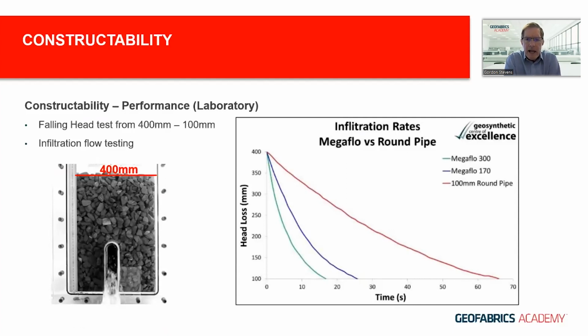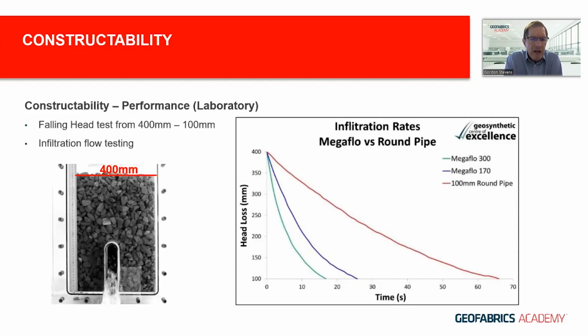If we now look at performance, and we'll start off with laboratory performance, this is a falling head test looking at the discharge of water from 400 millimeters down to 100 millimeters. And what we can see is that a round pipe discharges in around 66 seconds, whereas Megaflo 300 is around 17 seconds.